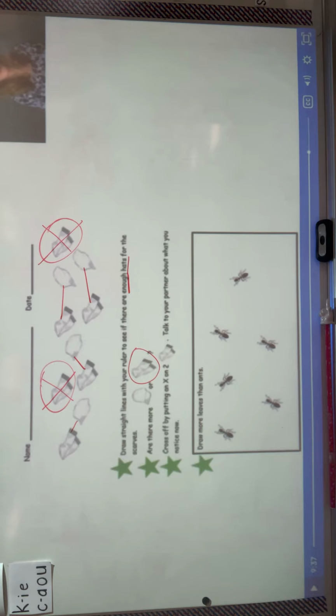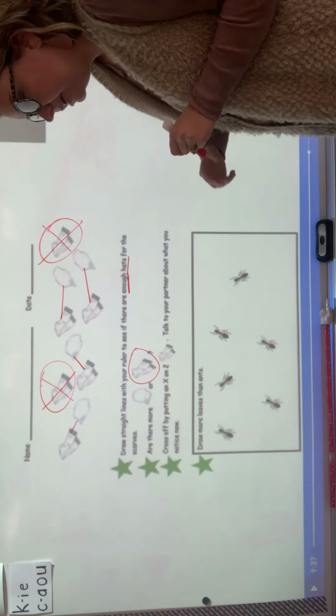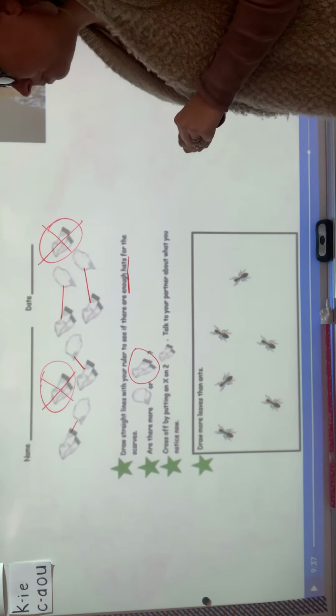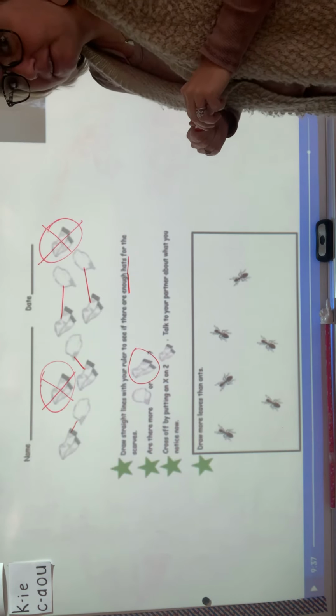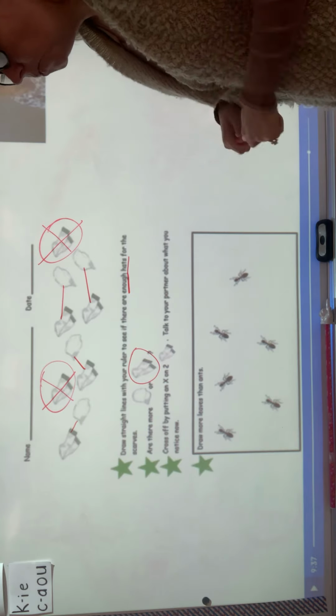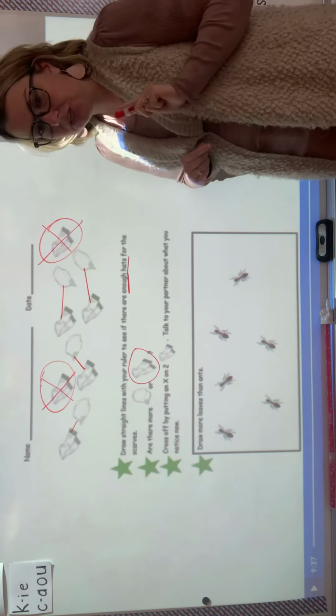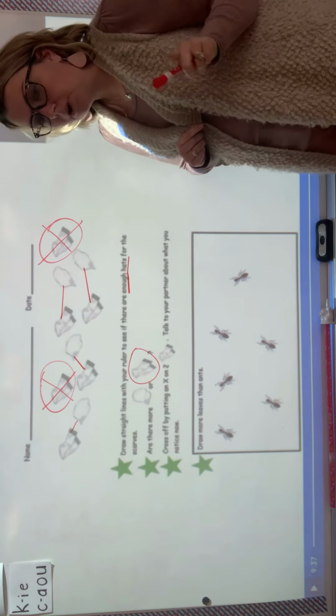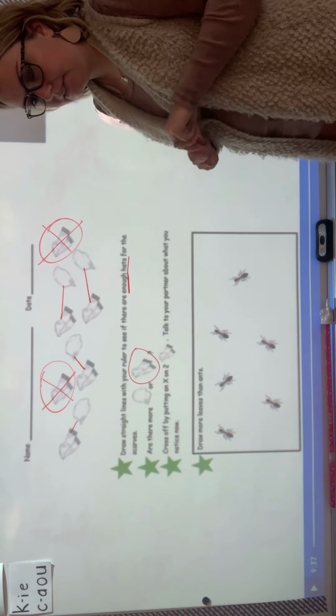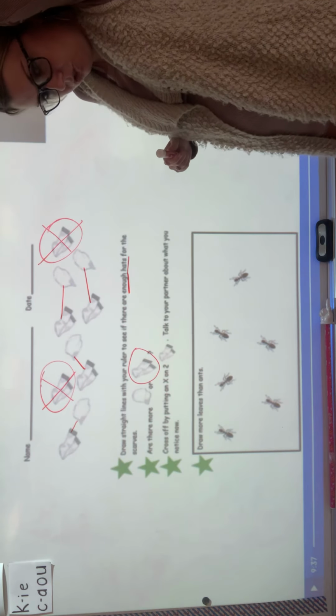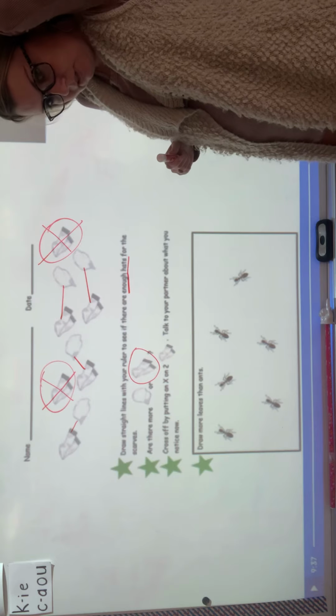Now, look down here at the bottom. It says draw more leaves than ants. What's a strategy I can use to draw more leaves than ants? Who could tell me, maybe, a strategy I could use?